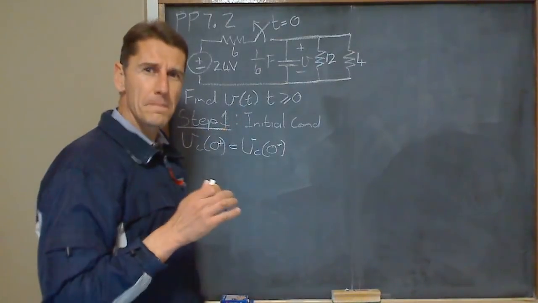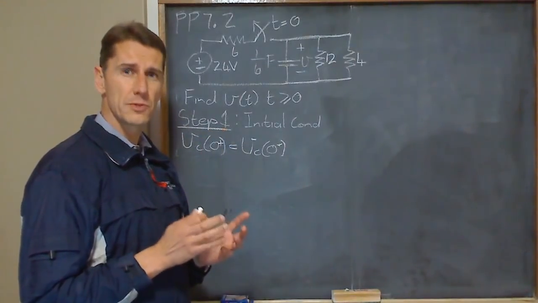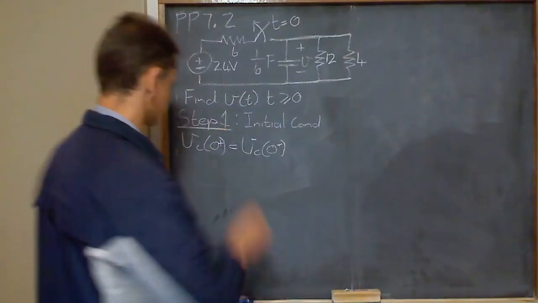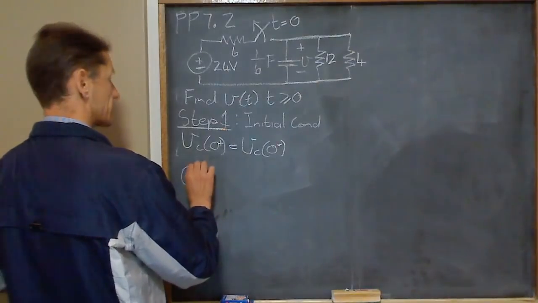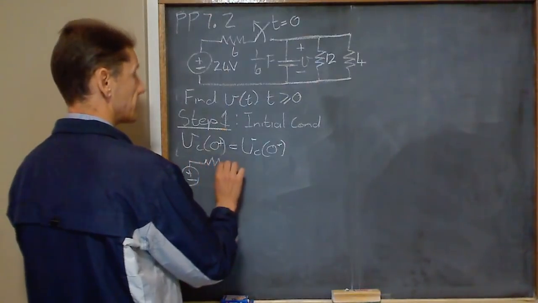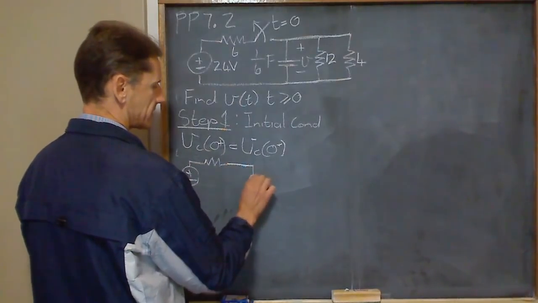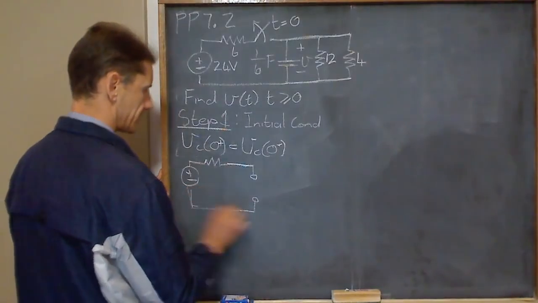If you don't want to redraw the circuit at this point of the problem solving, don't worry. You can do it again next year. Okay, so our circuit, plus minus, we've got the resistor there. The switch is closed. The capacitor, as we already said, is an open circuit.